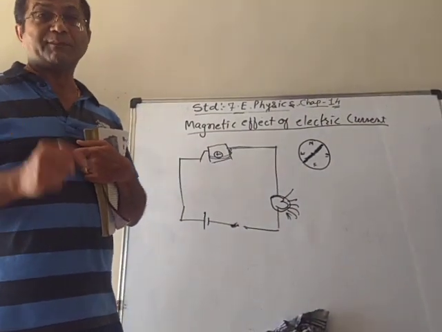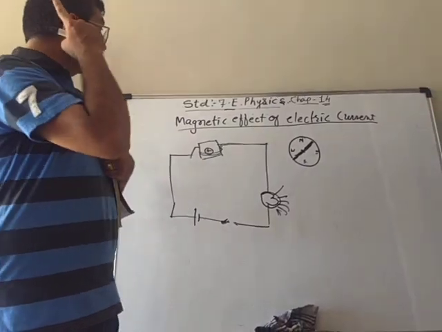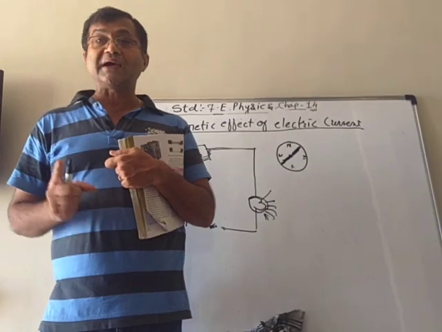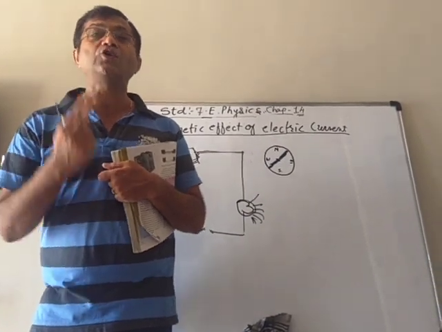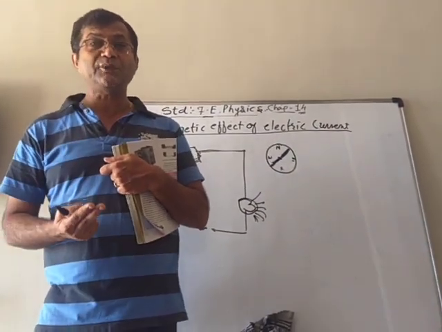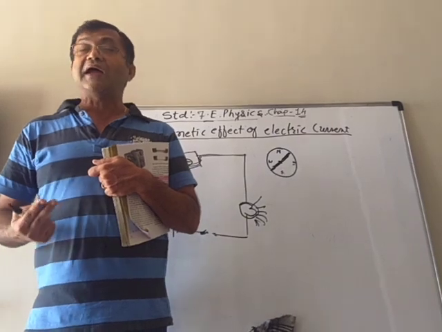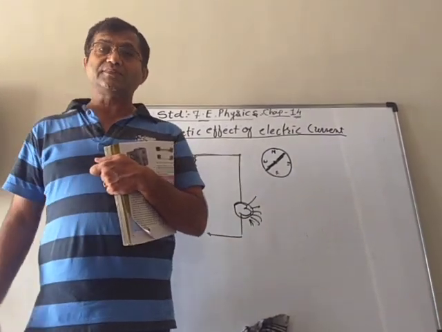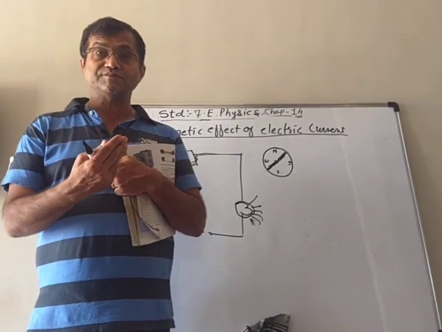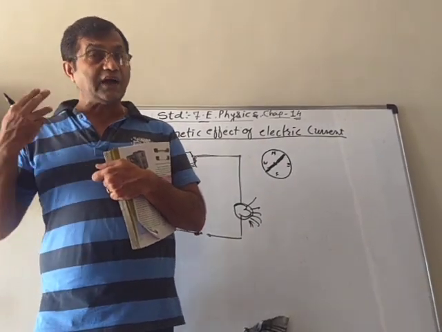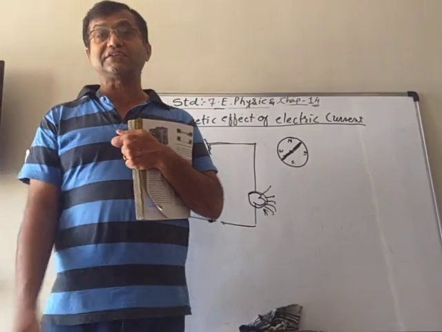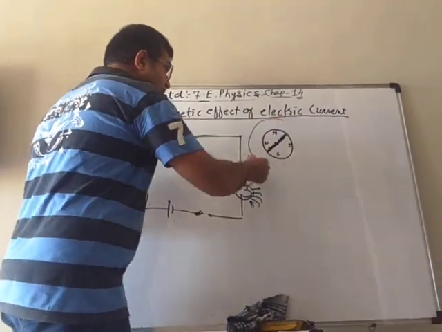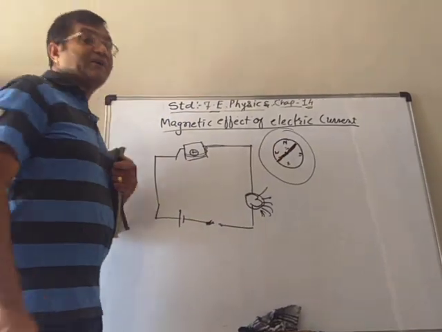We know what happens; in standard 6 you already learned about the magnet. In a magnet there are two poles, a north pole and a south pole. And we also learned the characteristic of it, that like poles repel each other and unlike poles attract each other. And here it means that some magnetic effect is going on.